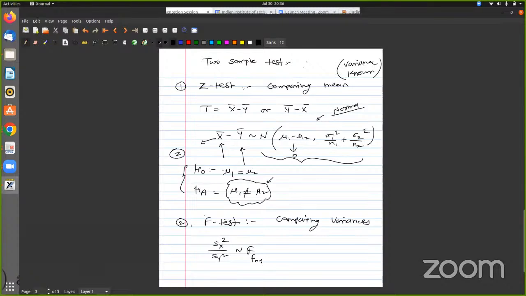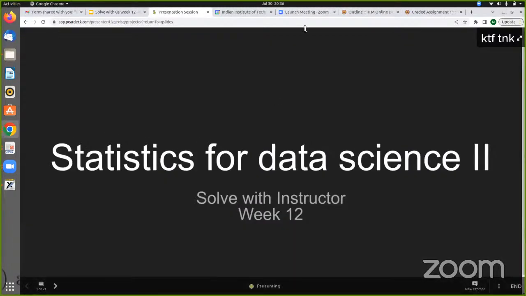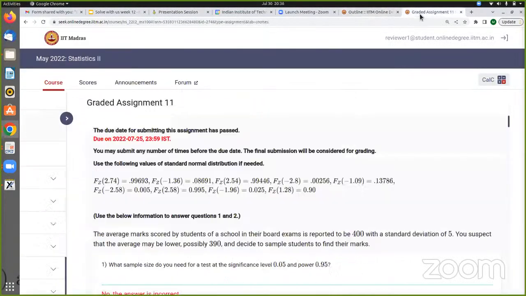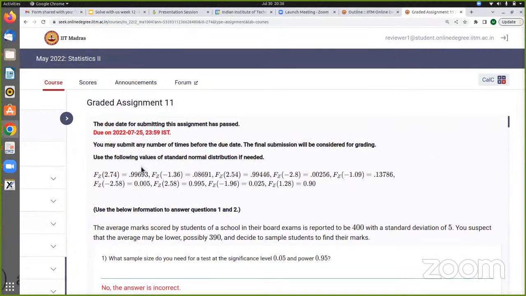Because I don't understand the other method. But the numbers will be the same, right? In the graded assignment, the third or fourth question says F inverse 0.95 is equal to something, so I need the 0.05 value in the F table. Which question are you talking about?